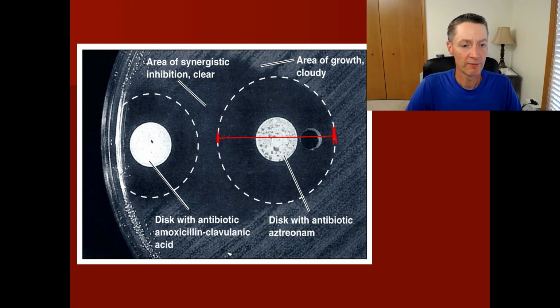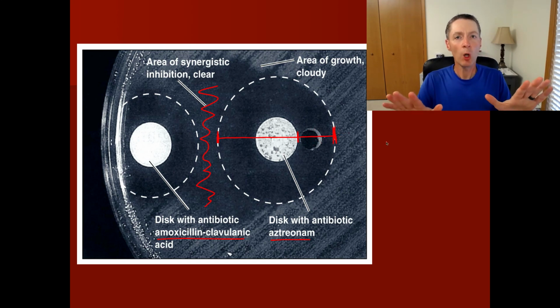Over here we have a different drug, right? Two different drugs. It's not important what they are, just that they're different drugs right now. But I also see when these two drugs are close enough together that I see a little bit of killing here in this zone, right? Further away than I saw over here on the right.